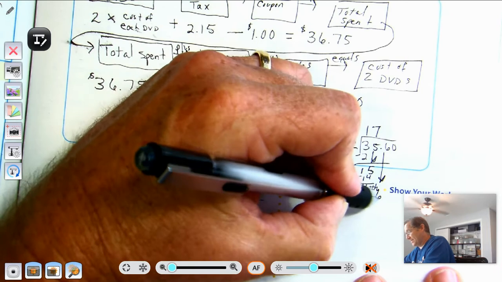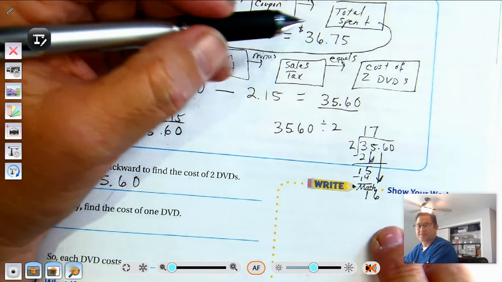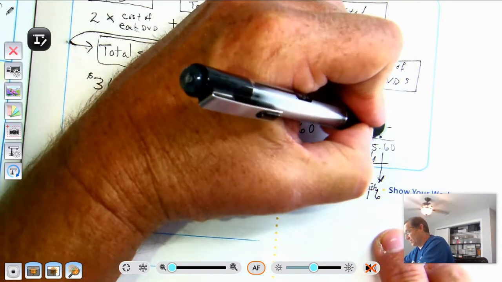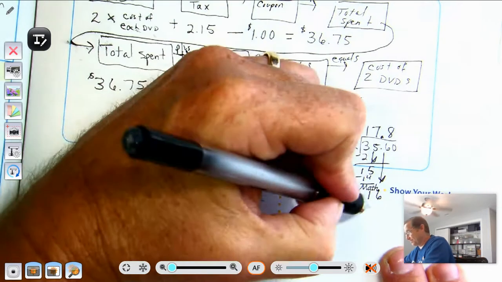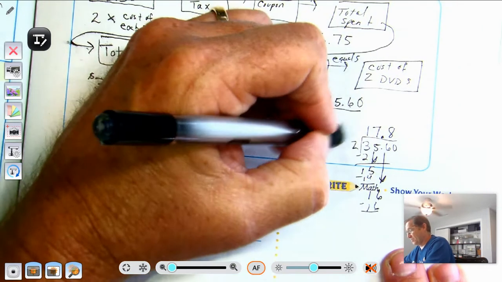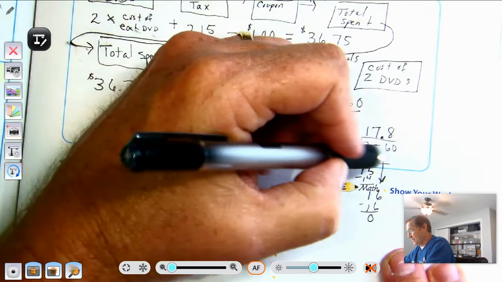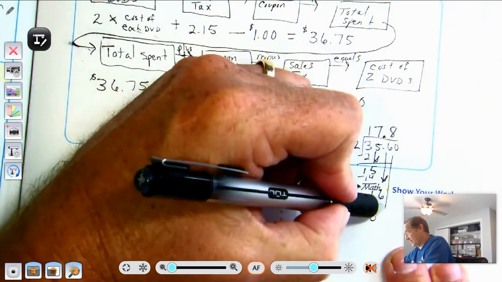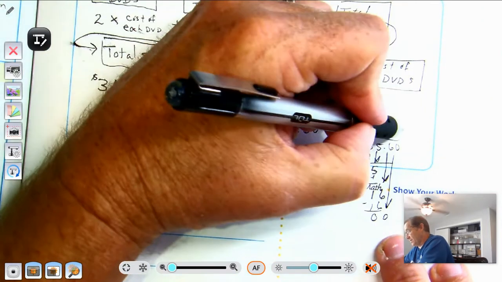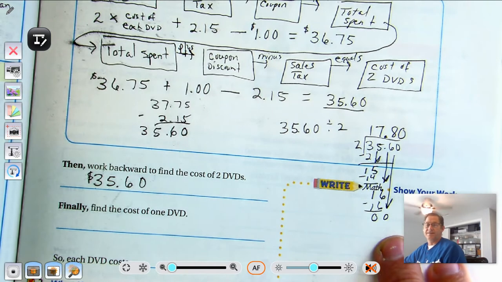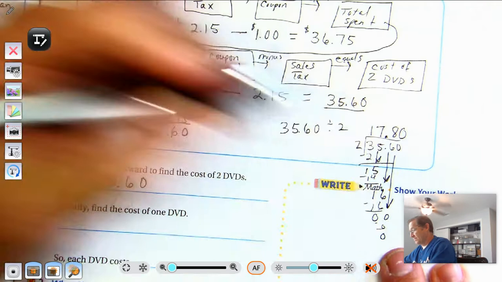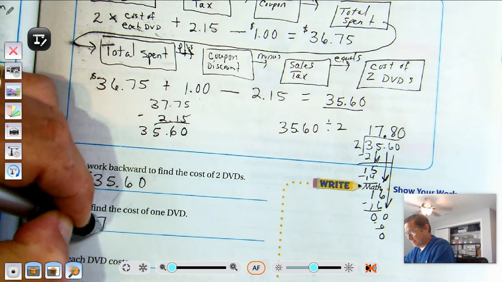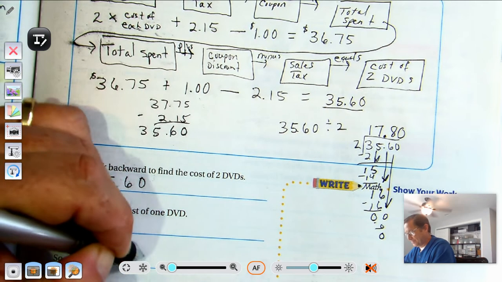So I'm going to trade that for 10 tenths and bring down the 6 tenths. 16 tenths divided by 2 is 8 tenths. 8 tenths times 2 is 16 tenths. There's no tenths left. Let's bring down the hundredths, and I can't share any 0 hundredths with 2 groups. So we have $17.80.